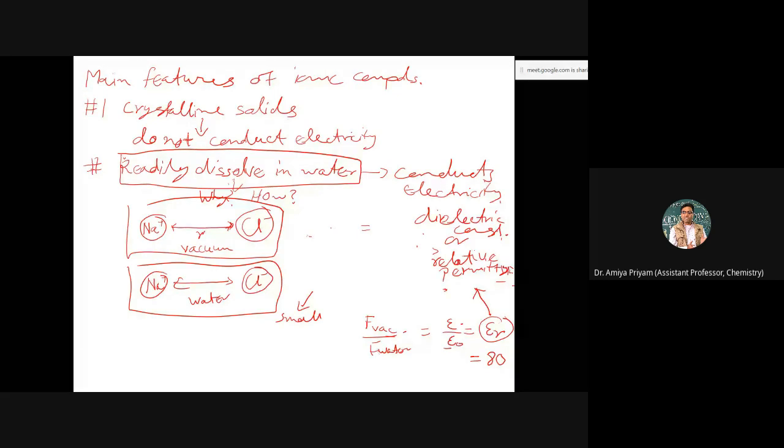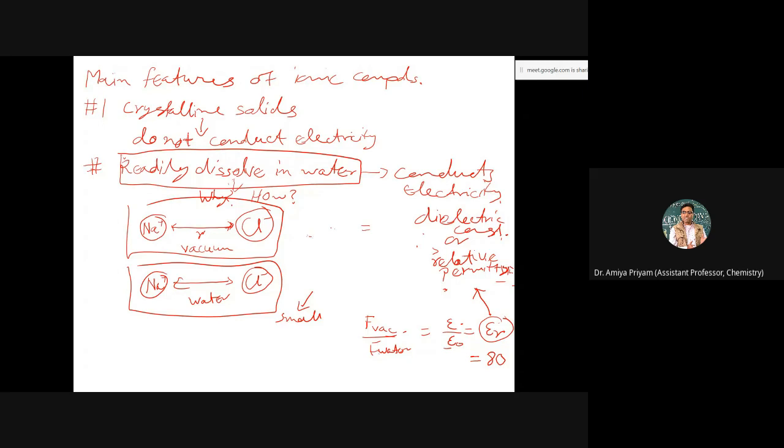But when some molecules come in between, different molecules behave differently. In water molecules, it is considerably reduced. The electric lines of force are less easily allowed to travel through, and that way you can visualize that permittivity is different.